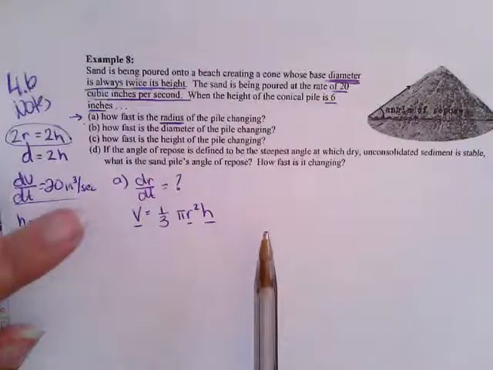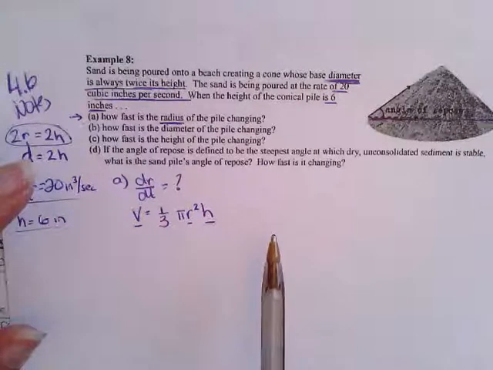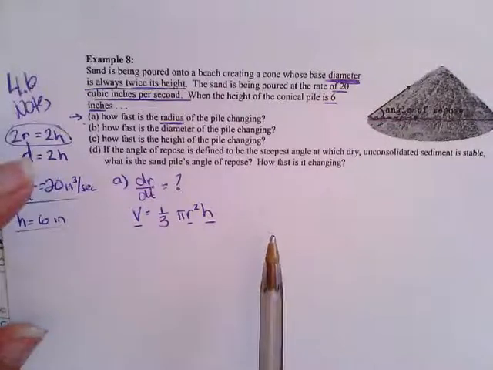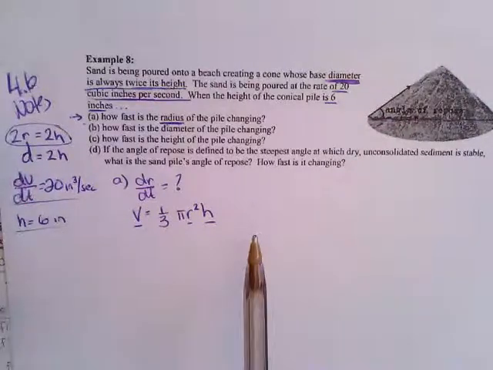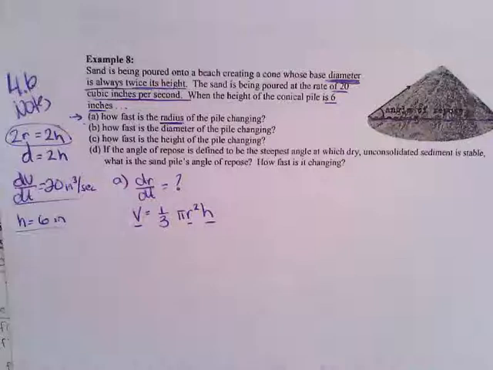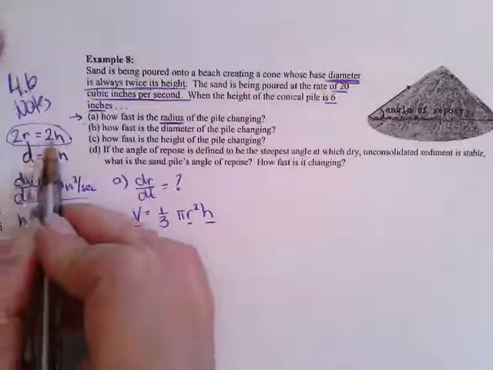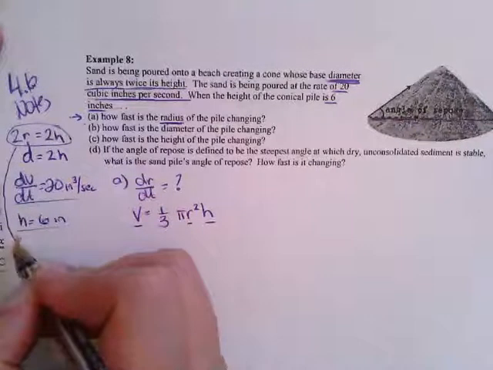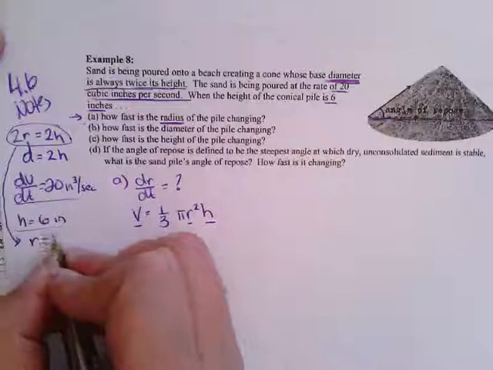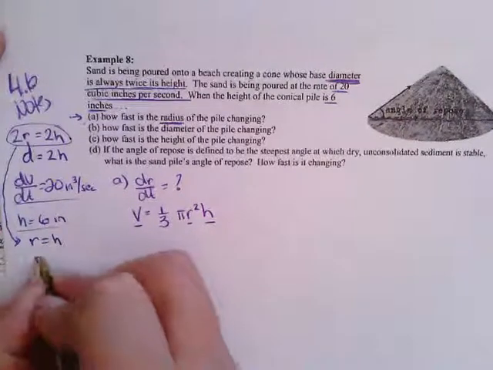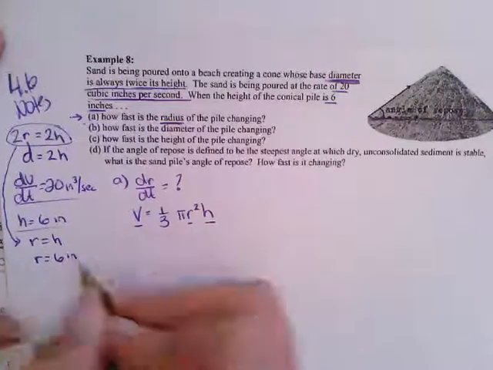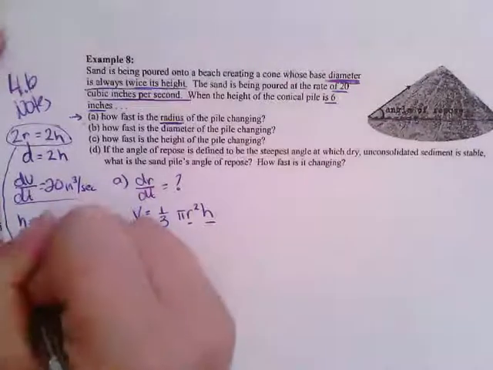So what we're going to need to do is, or actually we do kind of have r, don't we? How do we have r? Since 2r is equal to 2h, then basically r equals h. So r is 6 inches. So we kind of have r.